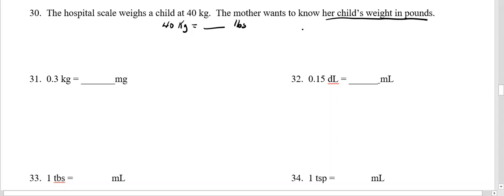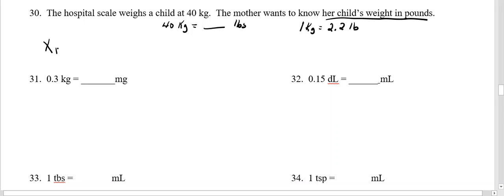And remember, our conversion for kilograms to pounds is 1 kilogram equals 2.2 pounds. Pounds are smaller than kilograms, so the pounds gets the number. And then we just work it like we did on the previous videos. I start with what I'm looking for.